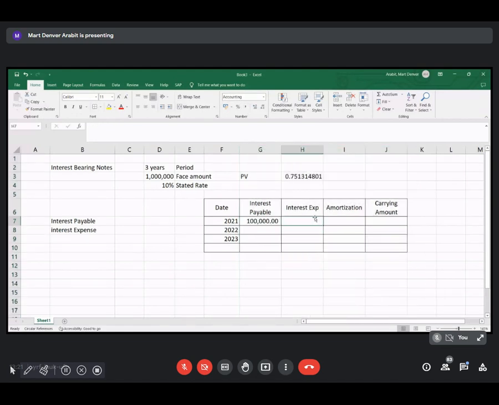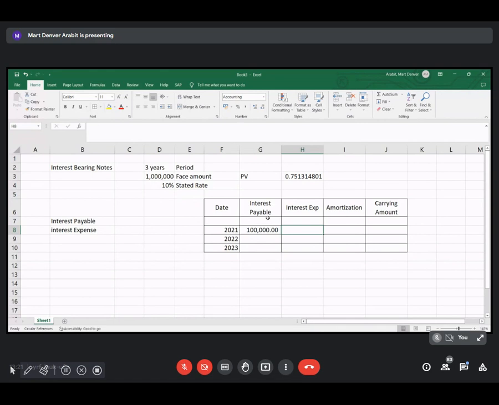Our interest expense is computed by multiplying the carrying amount by its effective rate. So, let's put a 12% effective rate. Ay, no. It will get confusing. Okay, that's fine.